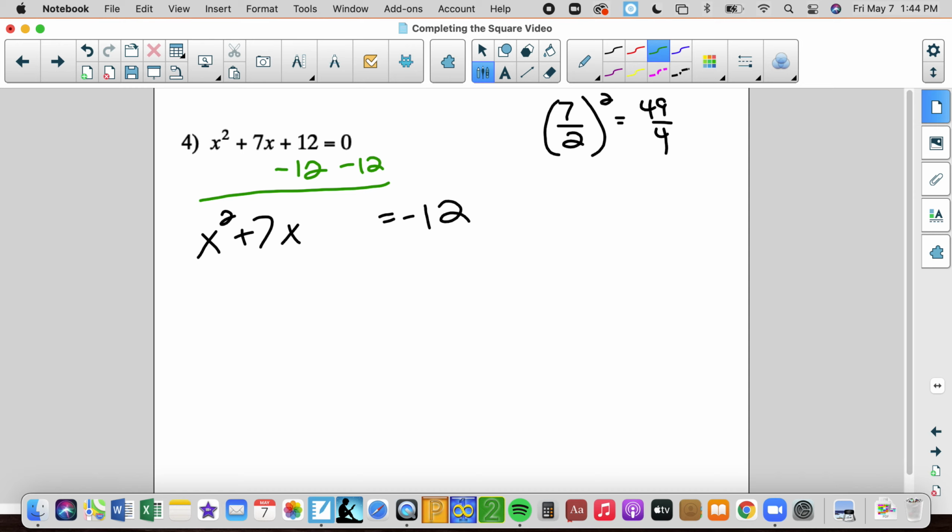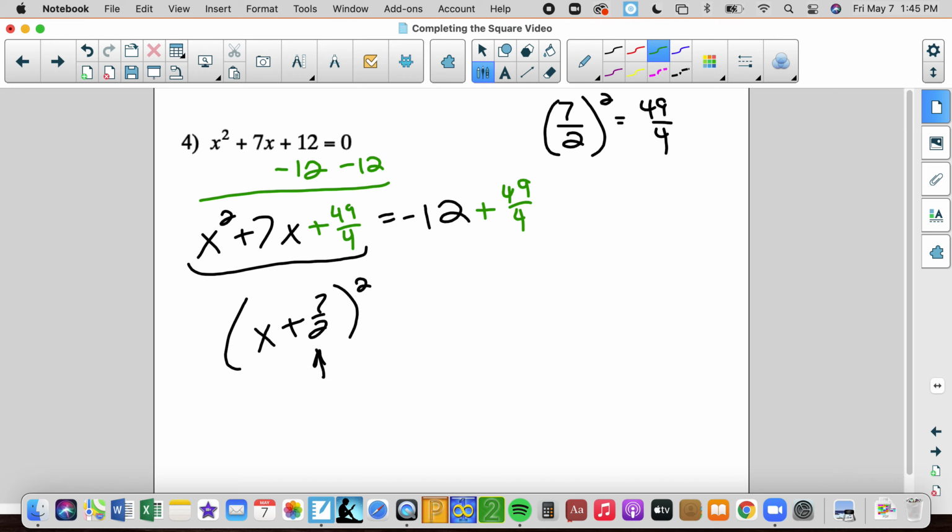That gives me 49 fourths. 49 fourths plus 49 fourths. There you go. Now, we know that this is now a binomial square, so that becomes x plus 7 halves quantity squared.